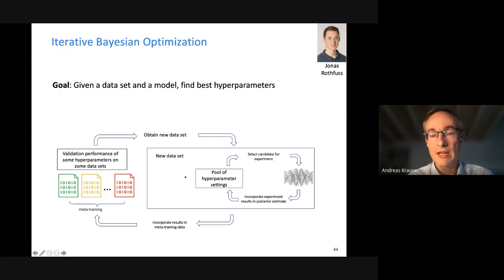There's also some really nice work by Johannes Kirschner, a PhD student in the group, and his collaborators, looking at algorithms for linear bandits.